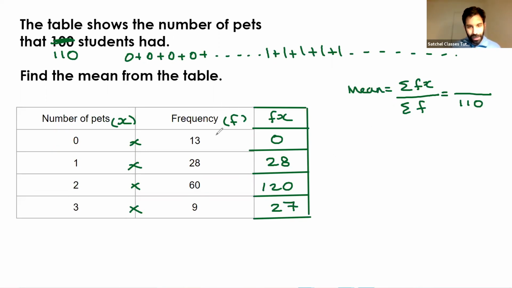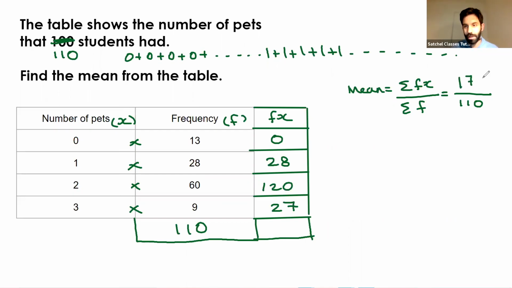All right, that makes better sense. Our frequency is going to be 110, so that's the sum of our frequency, which is 110, and our fx column, well, the sum of fx is going to be 148 plus 27 is going to be 175.